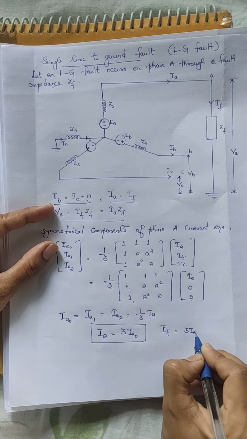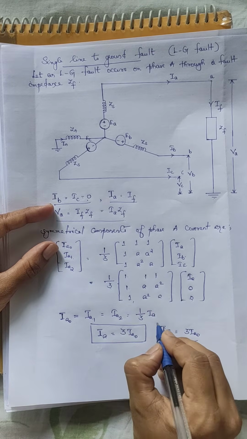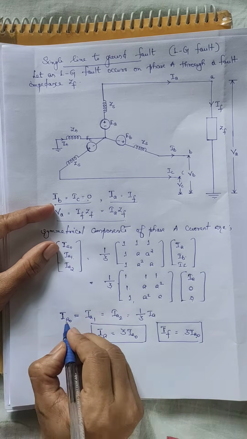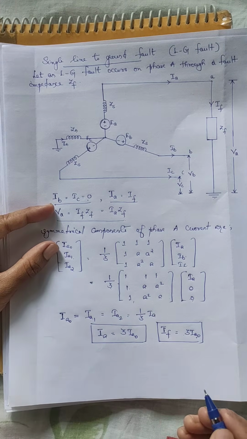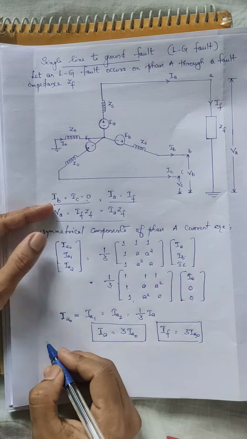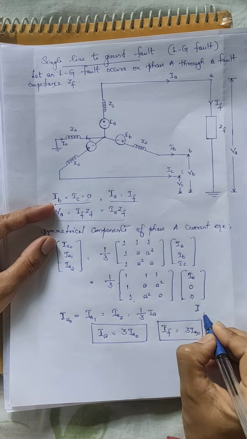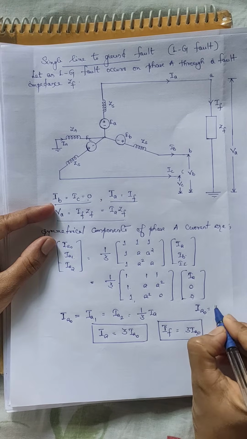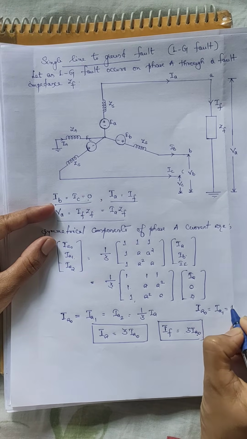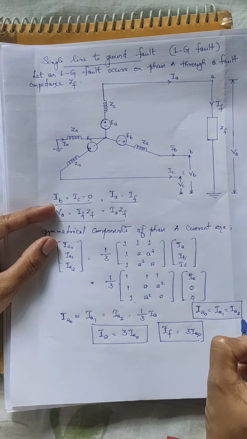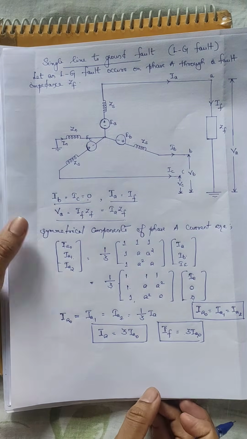IF is equal to 3 times IA0 or 3 times IA1 or 3 times IA2. IA0, IA1 and IA2 are the same. So now this equation is important, we need it later. IA0 is equal to IA1 is equal to IA2. All the sequence currents are the same, they are having the same value.